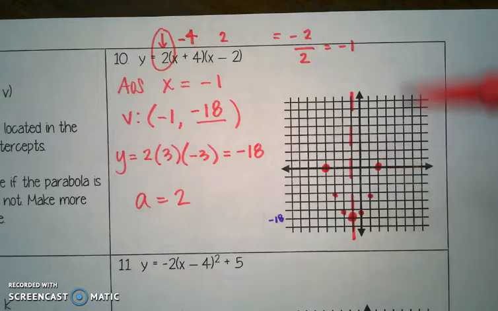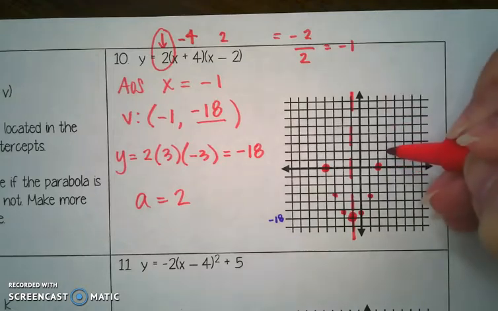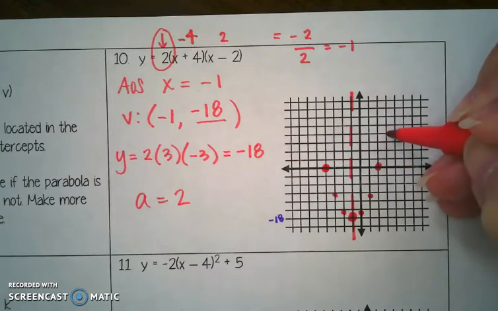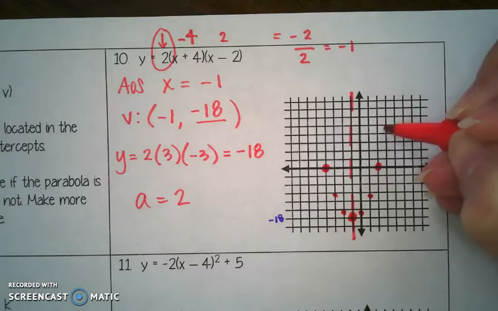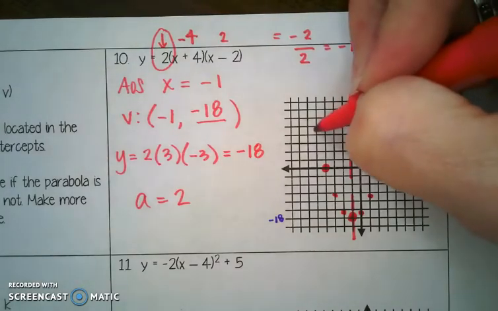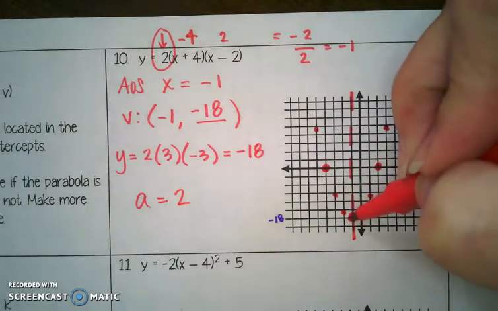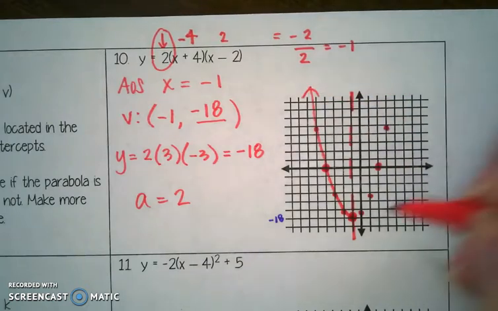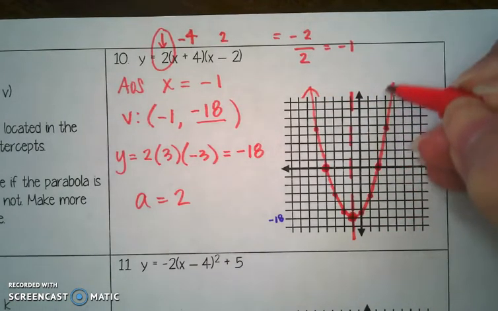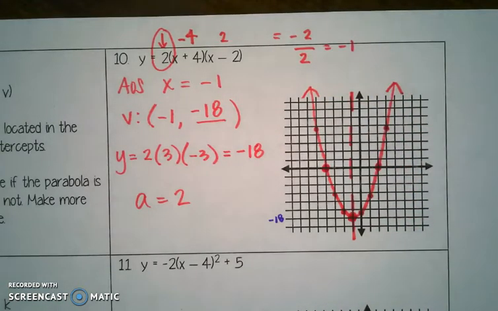So there's 18, 21, 24, 27, 30, so maybe right around there, just to have a little more of a guide. And then we can connect our points, and there's our parabola.